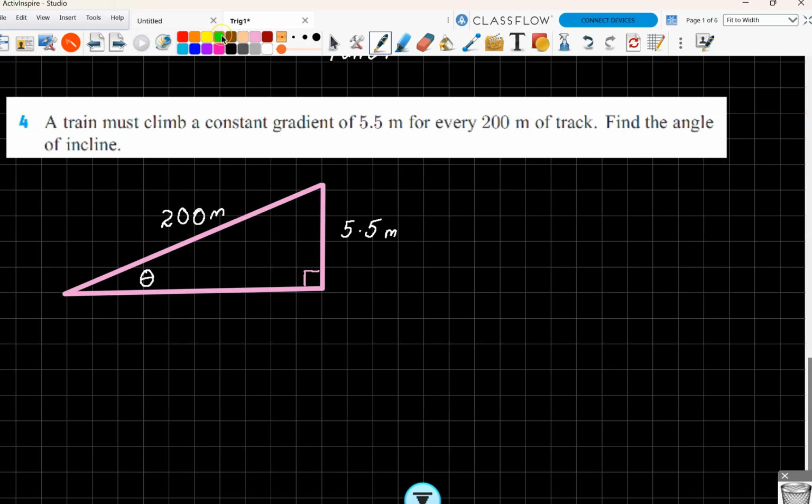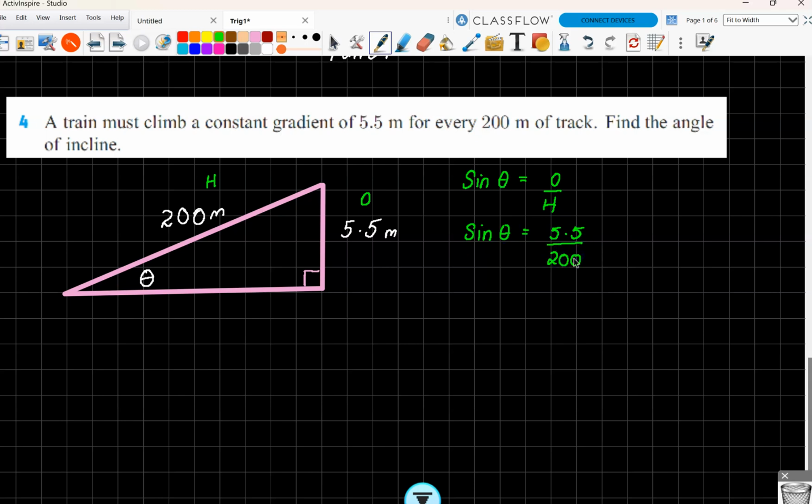Okay, poor little cosine is not going to see the light of day for these first 4 questions because we have got opposite and hypotenuse, which is once again our sine. So sine theta, opposite over hypotenuse. We've got sine theta is 5.5 over 200.